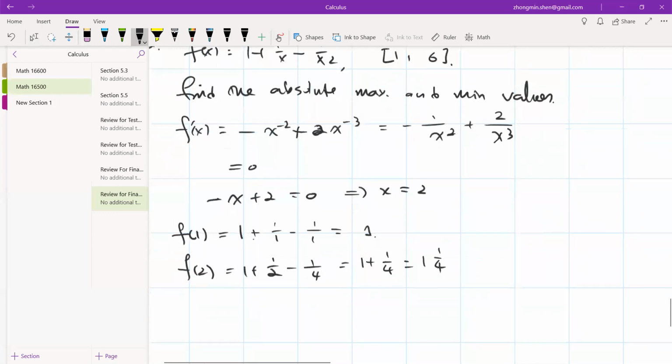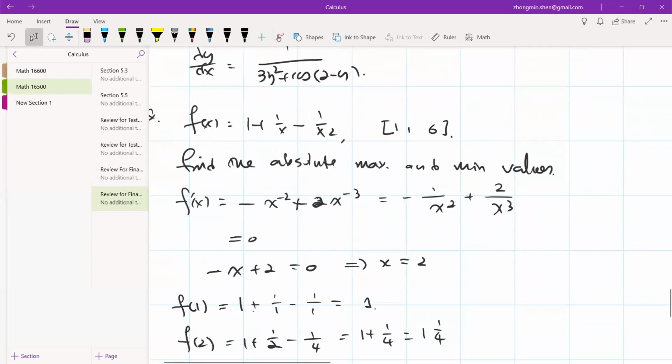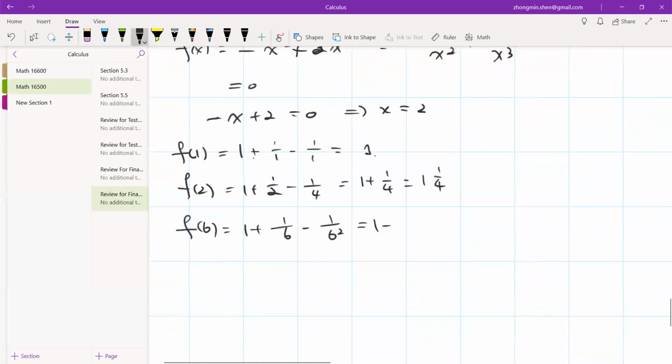Then also should look at 6. It's 1 plus 1 over 6 minus 1 over 6 squared. Right? 1 over 6 squared is a much smaller number. So it's 1 plus 5 over 36. Is this number larger than a quarter or not?